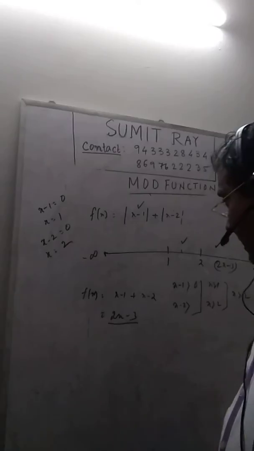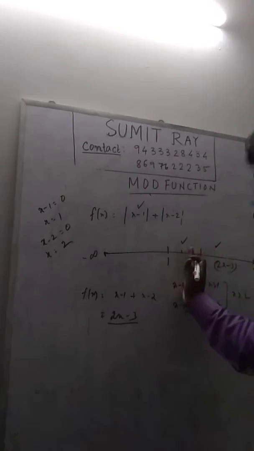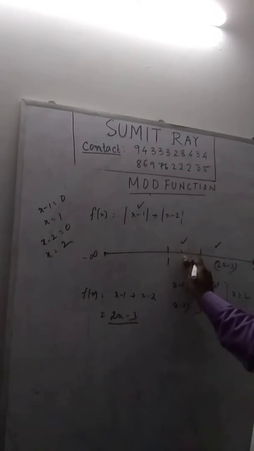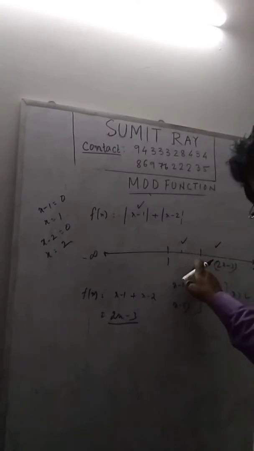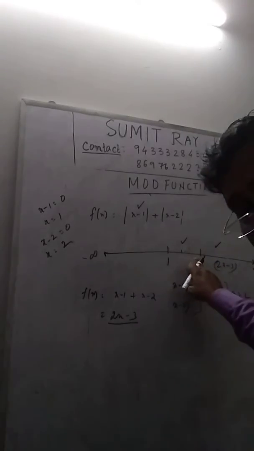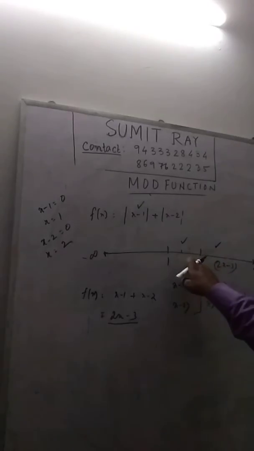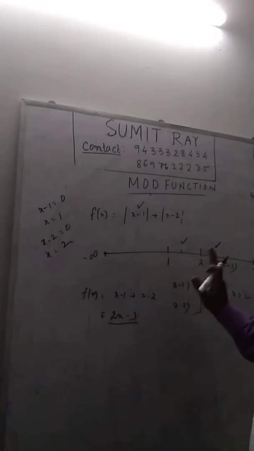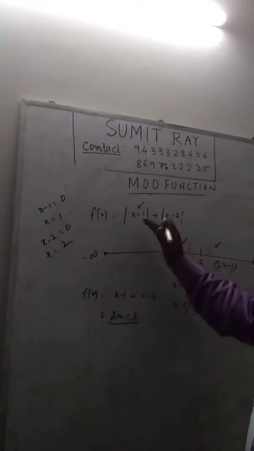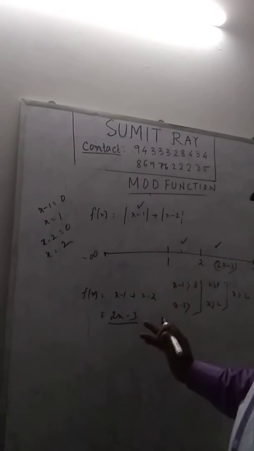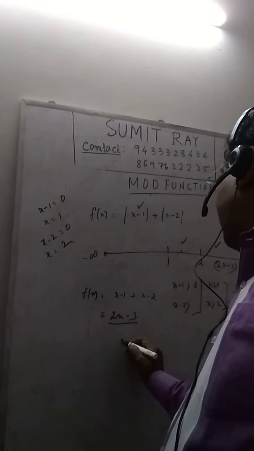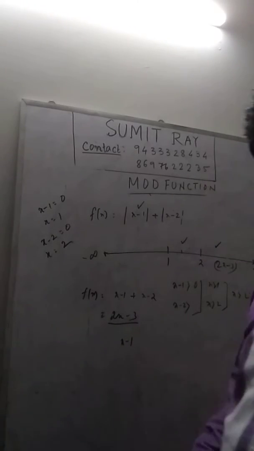Here you see the values of x, any value, 1.5, 1.2, 1.3, up to 2, whatever the values are, all the values are more than 1, but those values are less than 2. That means, if I want to develop this into a piecewise function in this interval 1 to 2, I can say that x minus 1 has to be positive.